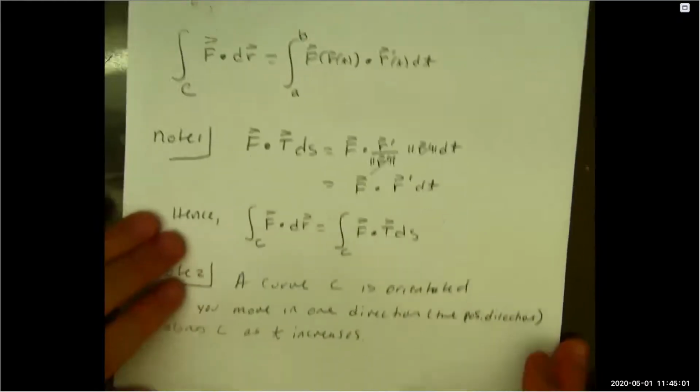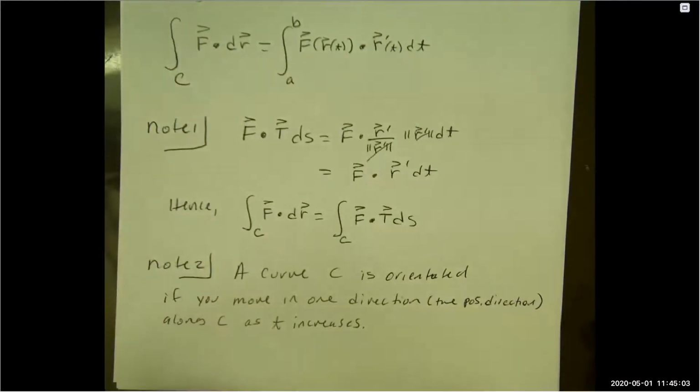At times you may have curves that aren't oriented, because as t increases, maybe you have something with sine and cosine, and so it could be that you're moving in different directions along the same curve. An example of that would be r of t where the component functions are sine t.